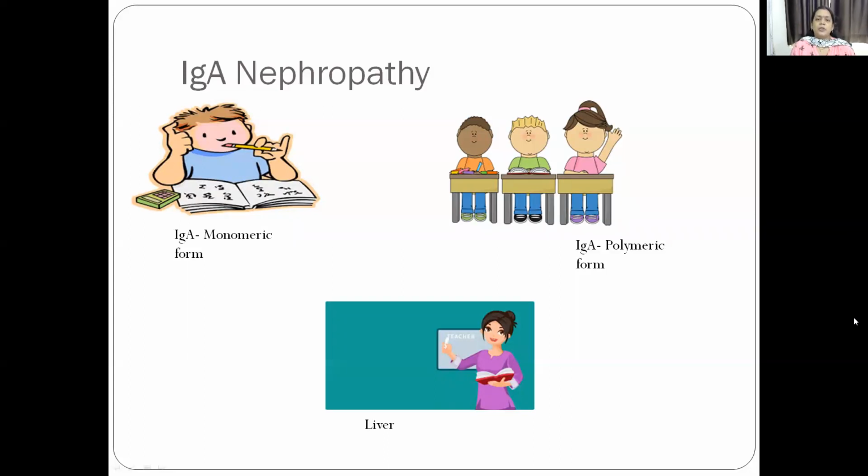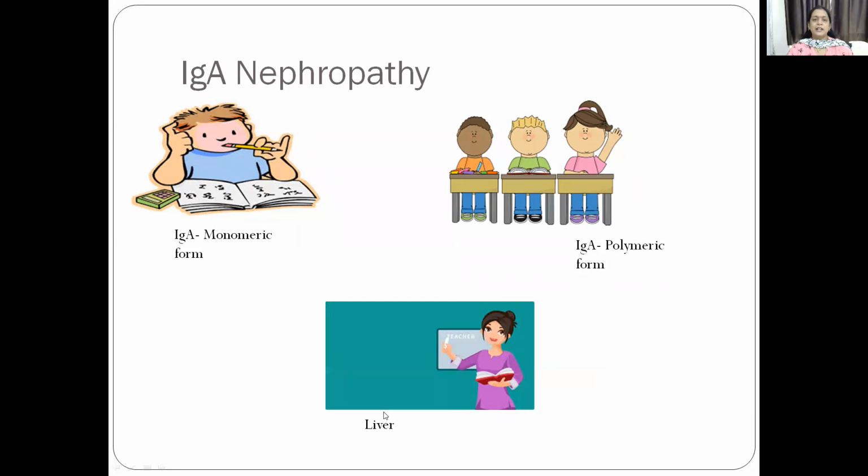The immunoglobulin which is present in the plasma is usually in a monomeric form. Once it goes into a polymeric form, it is degraded by the liver. All these polymeric forms which are increased in number are degraded by the liver.